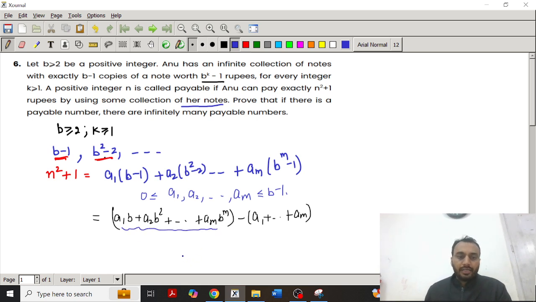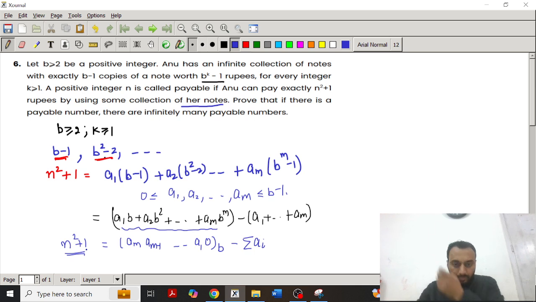It represents a number in base b, and I can write it as am, am minus 1, up to a1, 0 in base b, and the second part is the summation of the digits, which is equal to n square plus 1.